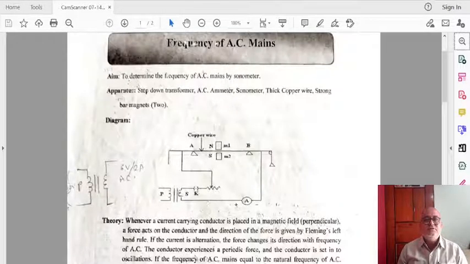For this experiment, we need the instruments which are mentioned in this apparatus, that is a step down transformer, then AC ammeter, then sonometer, thick copper wire, strong bar magnets, 2 in number.